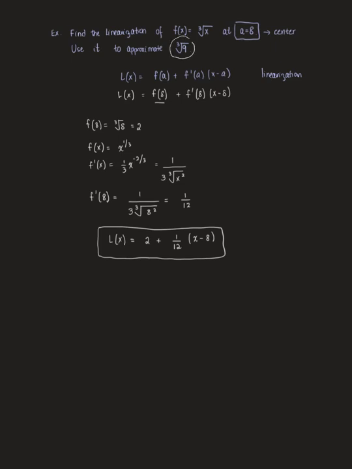And we did this slightly differently in class because we used differentials to do the approximation, but it's the same thing. This is just a little bit more formalized. So to approximate the cube root of 9, I'm going to put in 9 in place of x, and that's going to give me 2 plus 1/12 times 9 minus 8, which is 1.